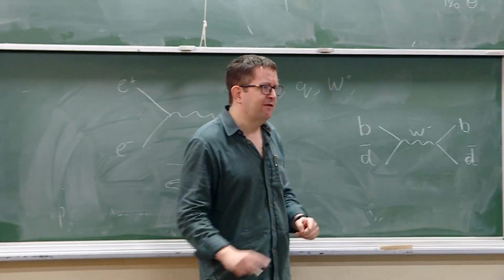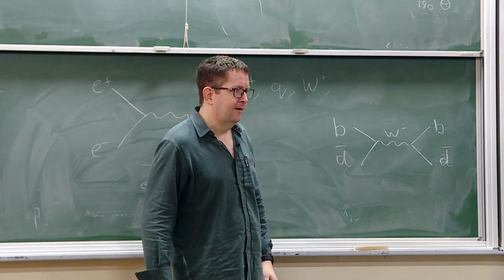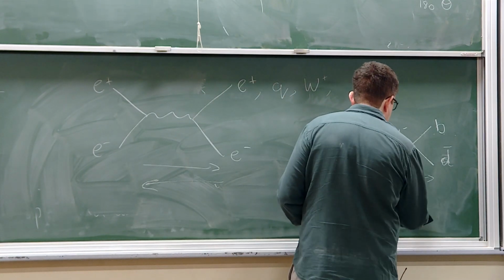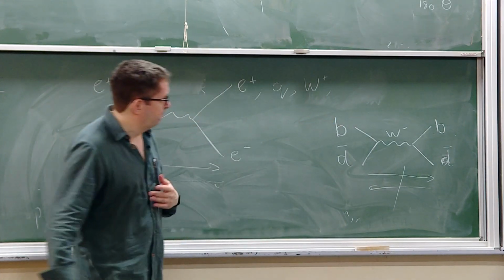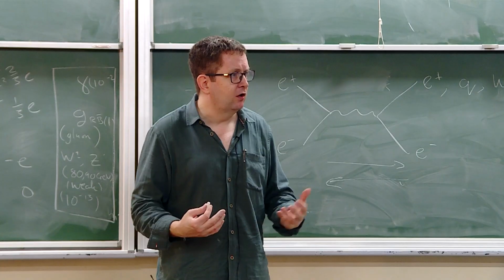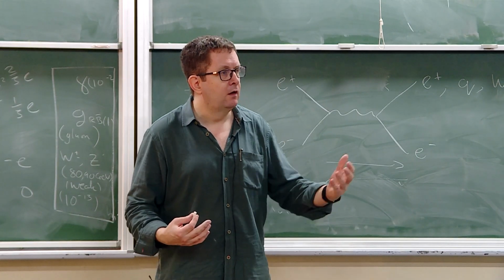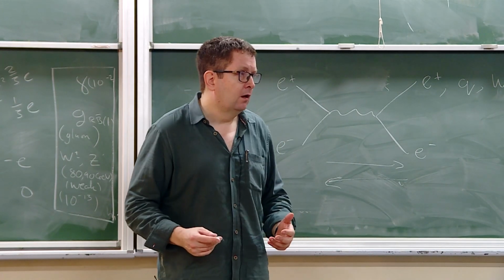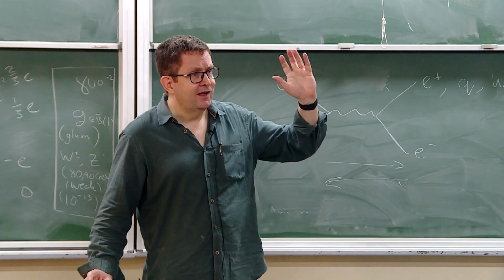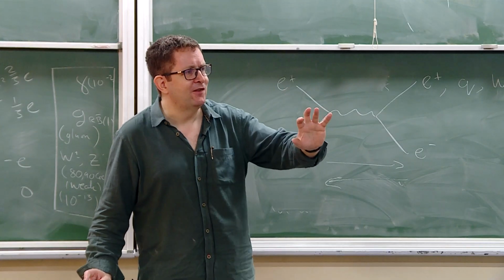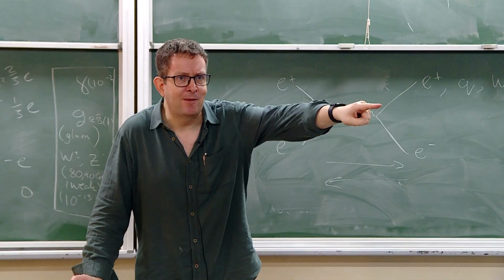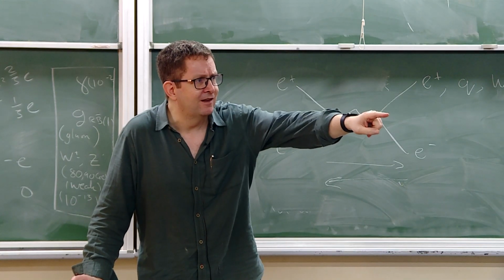That would give me CP violation, the difference between matter and antimatter. But it's tiny. It does not explain what we see in the universe. It's a mystery of the standard model where all the antimatter went, why we live with matter now. The other mystery is dark matter. Everything I've described is only 5% of the universe.